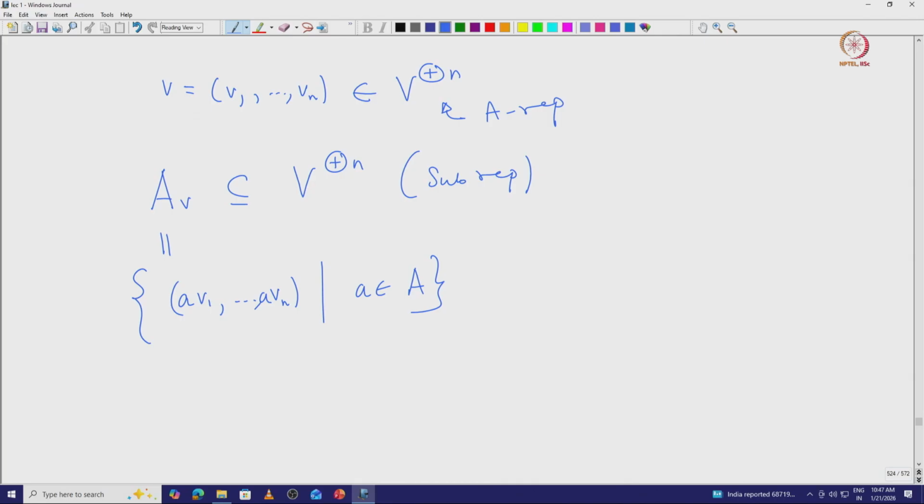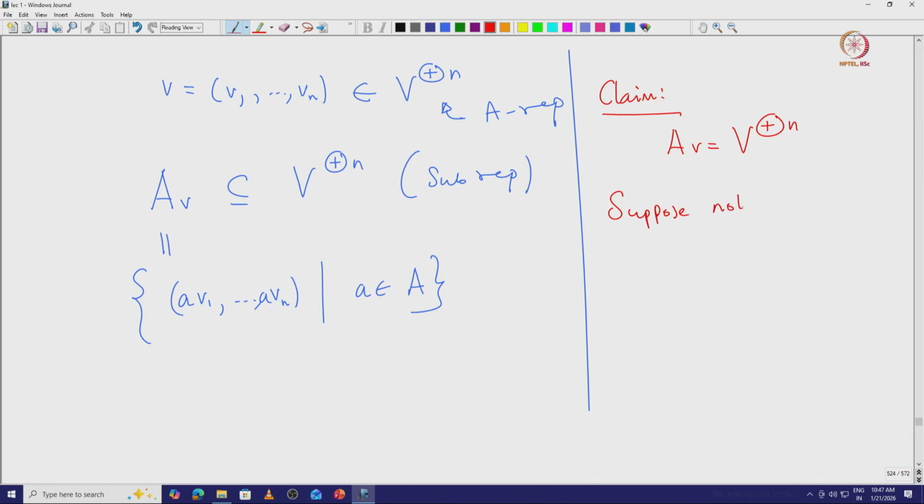Now our claim is that AV is exactly V direct sum n. Suppose not, what will happen? Suppose we assume that AV is properly contained in V direct sum n. Then we can look at this sub representation, since CG is semisimple, because we already proved that any finite dimensional representation must be completely reducible.